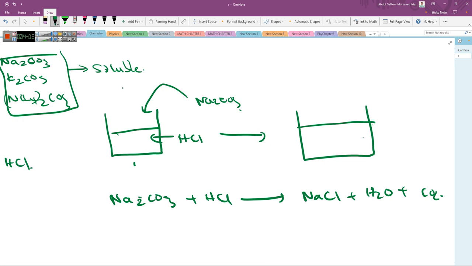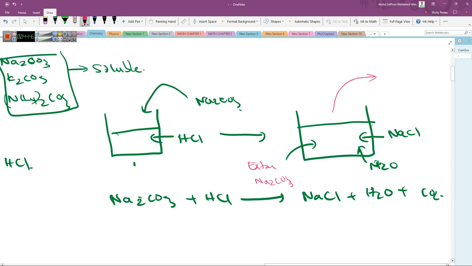So we have NaCl and water, and in addition, since we added excess, the extra sodium carbonate that did not react with HCl will also be in this container. Now here we will have extra Na2CO3 as well.